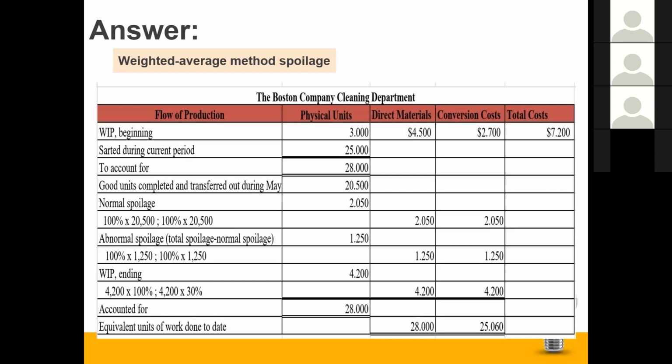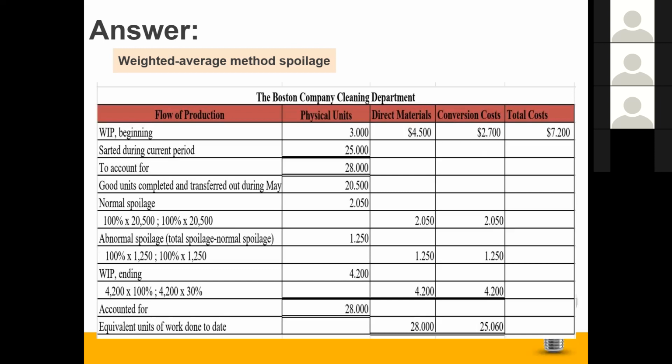Abnormal spoilage, total spoilage physical unit is 1,250. Direct material is 1,250 and conversion cost is 1,250. WIP ending physical unit is 4,200. Direct material is the same and conversion cost is the same.